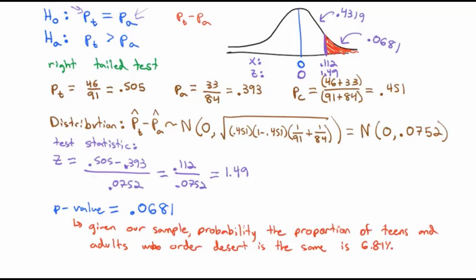Probability they both order dessert at the same rate is 6.81%. That's what the p-value means.